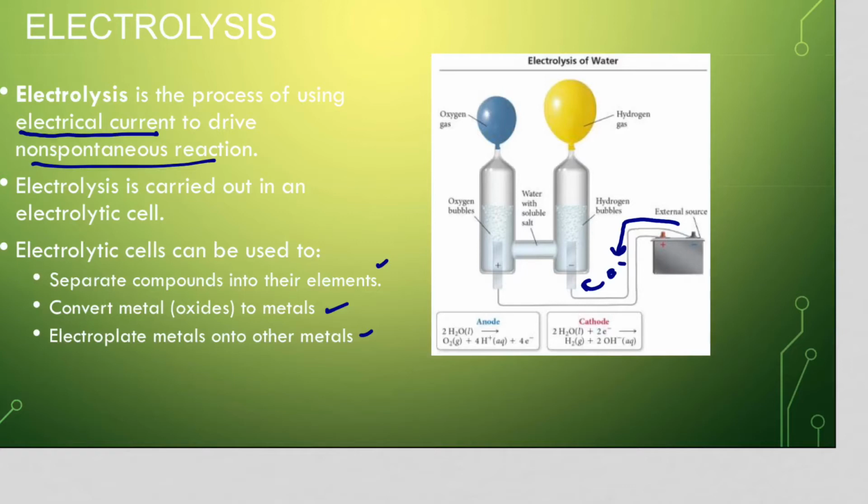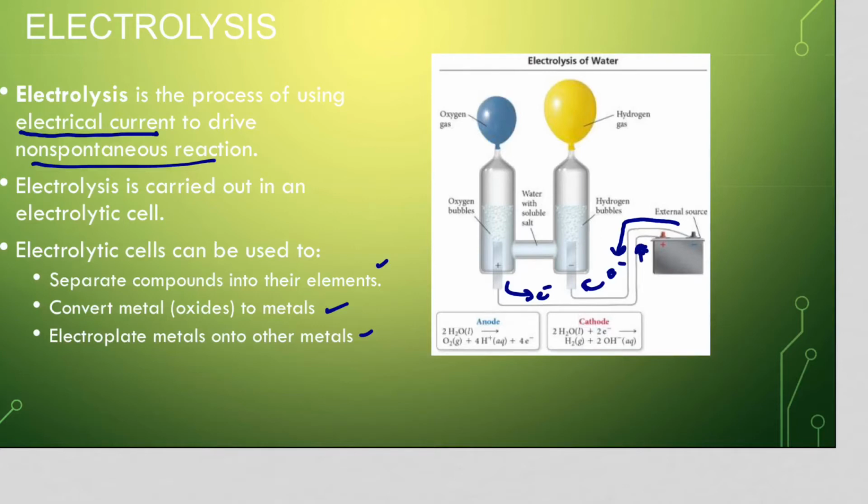Now, with this reduction, we get an oxidation. And the oxidation occurs and the electrons flow back out of the anode back to the positive terminal of the battery, or the cathode of the battery.